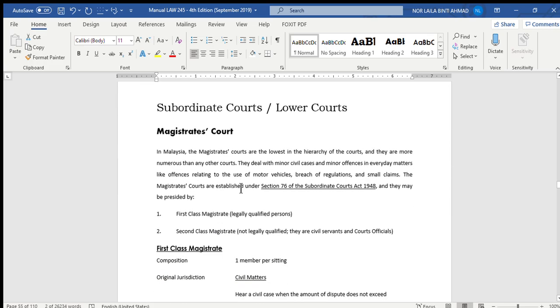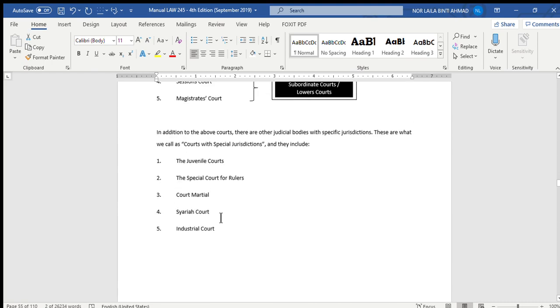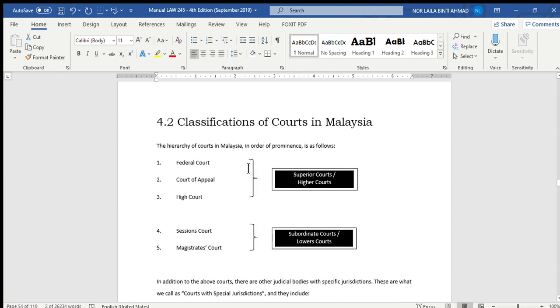First, we start with the subordinate courts, known as lower courts. Before that, I would like to highlight to you that the superior courts, the Federal Court and Court of Appeal, have their own appellate jurisdictions.